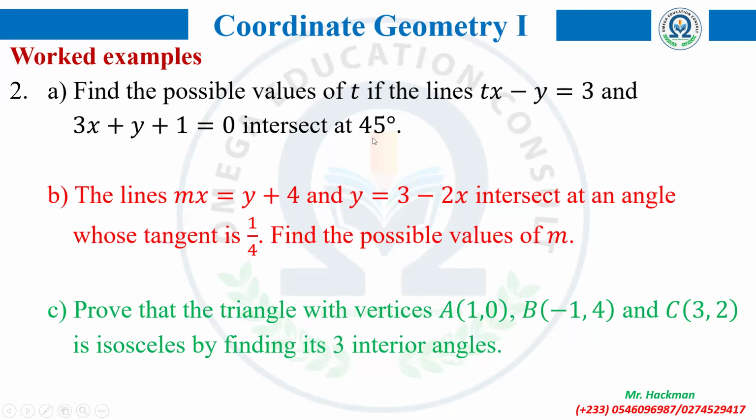Okay, theta now you know, you are not finding theta, you know theta. So you go and substitute theta. Okay, then also you can find the M1 from here by making y the subject, which will involve t. Okay, your M2 from the second equation, which will not involve any letter.